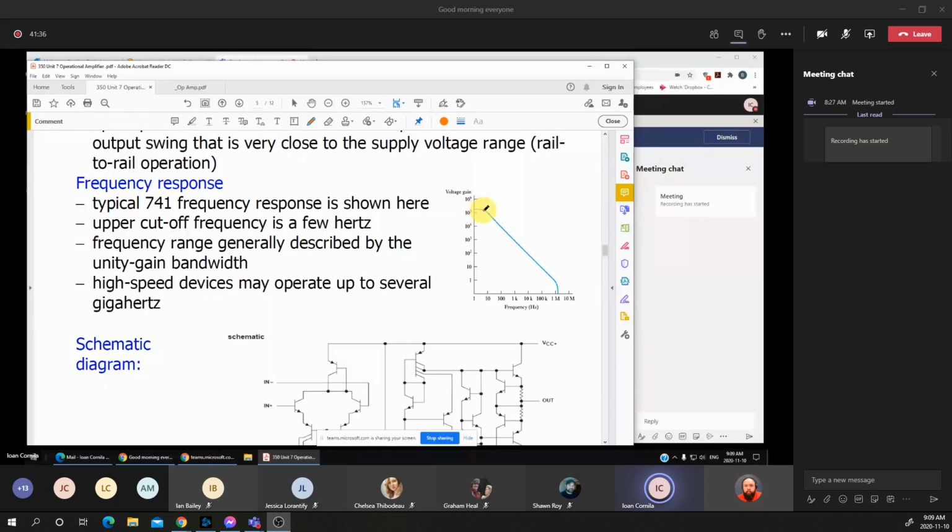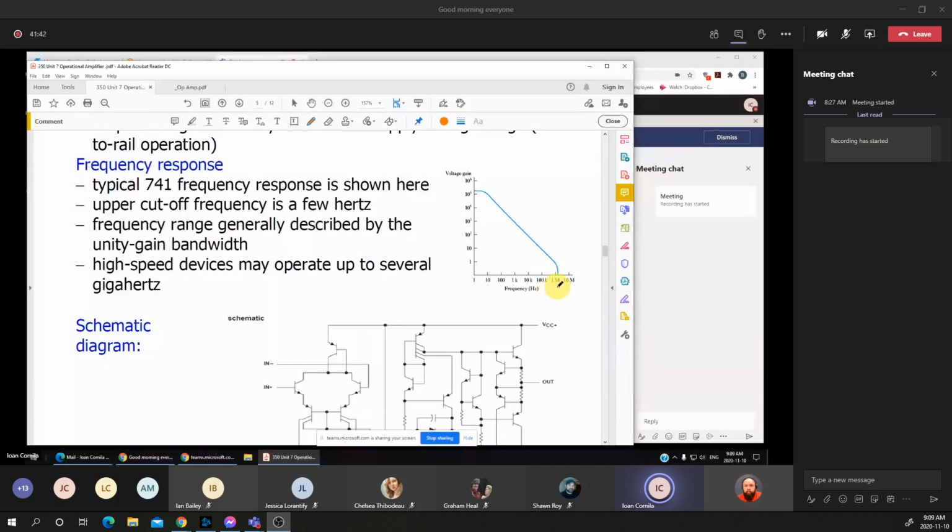As the frequency is increasing, there is a drop in gain. For example, when the frequency is 1 megahertz, the gain is almost 1, or the gain is dropping to a very low value.